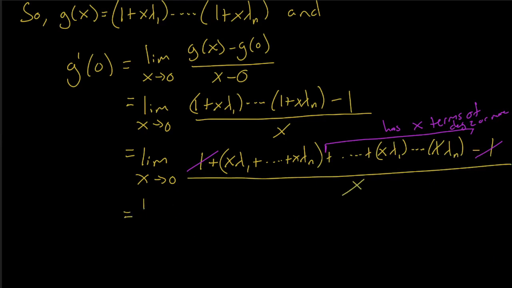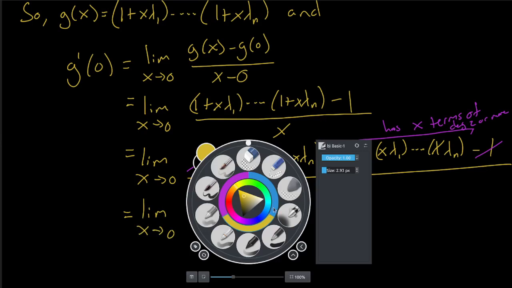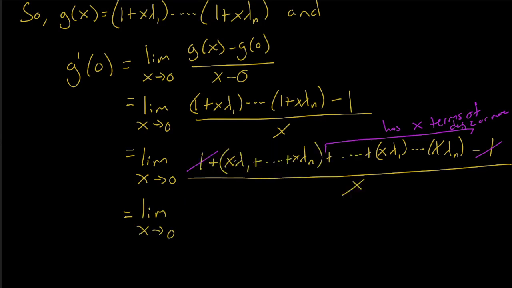And so I end with the limit as x goes to 0, dividing my x's from here. That is, I'm going to cancel some x's, boom, boom, with this one right down there.